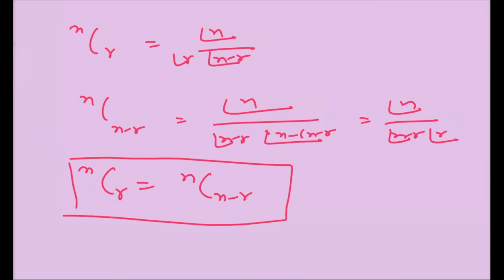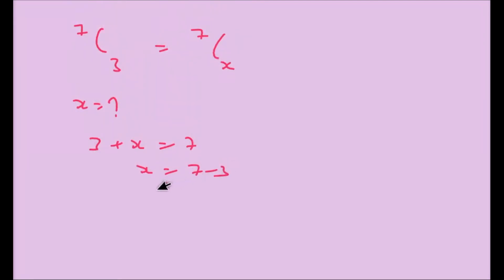Okay, so we can say 7C3 equal to 7Cx. So what is the value of x? So we can say 3 plus x equal to 7, so x equal to 7 minus 3, x equal to 4. How can we say this?